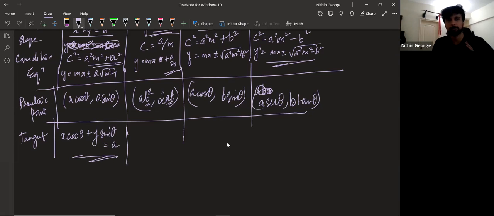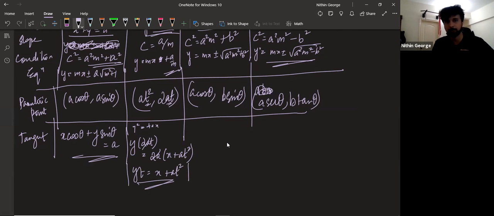For this one, y square equal to 4ax can be written as y into y1, which is 2at, equal to 2a into x plus x1, which is at square. Okay. So from here, 2a will simply cancel out. You get yt equal to x plus at square. This is the equation of tangent for a parabola. For an ellipse, what does it become?